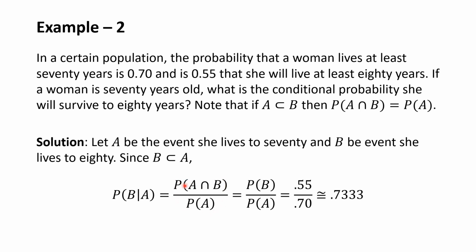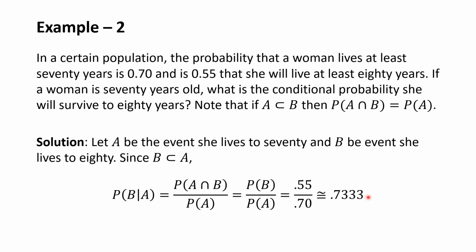This conditional probability is the probability of A and B divided by the probability of A, but the probability of living to 70 and living to 80 is the same as the probability of living to 80. So it's just the probability of B divided by the probability of A. And then we get 0.55 divided by 0.7, and we get 0.733.